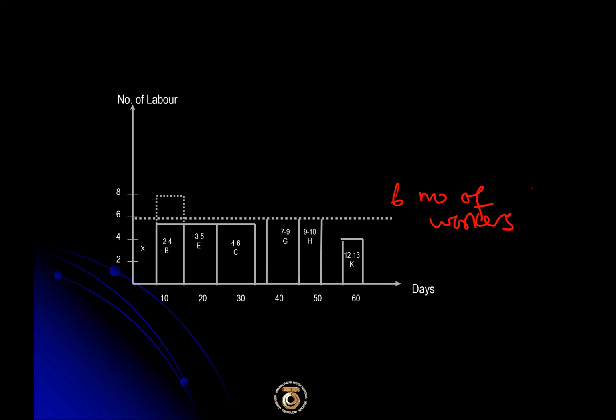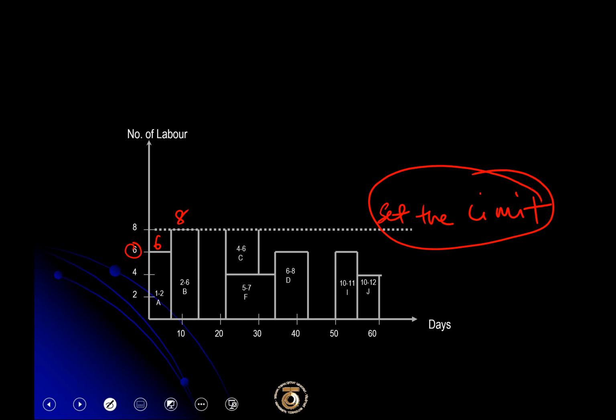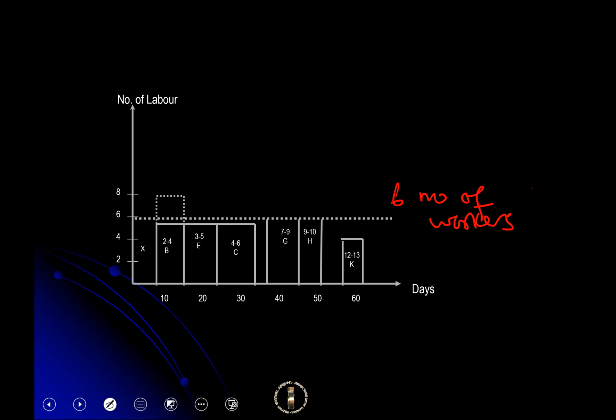So what would happen to our project? For activity A it is okay because we require only 6 people and we set 6. So perhaps that activity can be done during that period. But how about B?